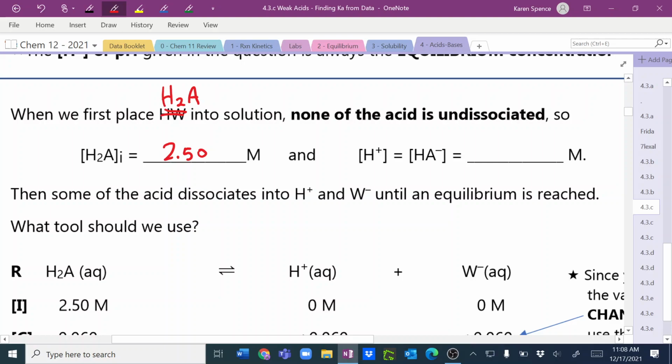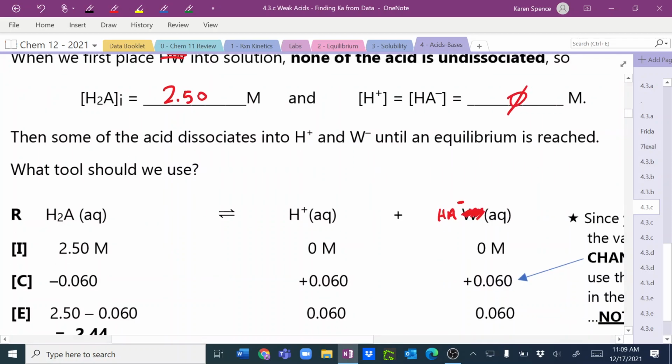And what is the concentration of the H and the HA? Oh, this here should say HA minus, not W minus. What can we say about the initial concentrations of H plus and HA minus? They are 0, okay? So we'll plug those in, and we're going to use RICE.